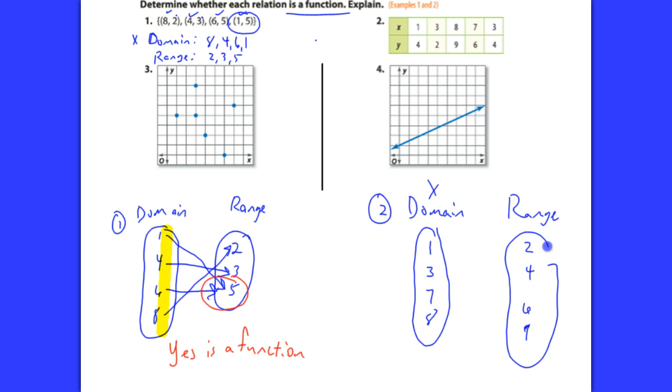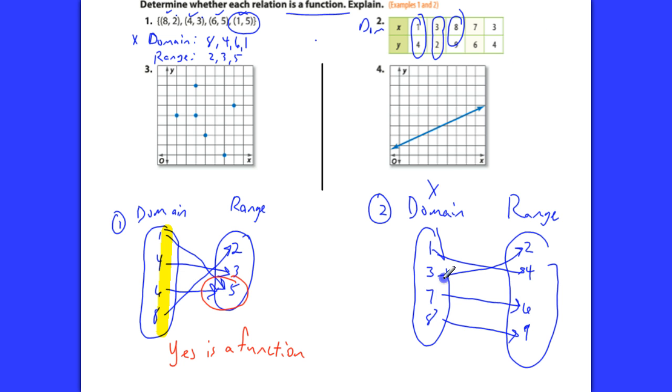Okay, so I'm going to go through my list here. Probably would be easy if I go up to my chart. So my input, 1 output of 4. The top row is x, so that's the domain. 3 output a 2. 8 output 9. 7 output 6.